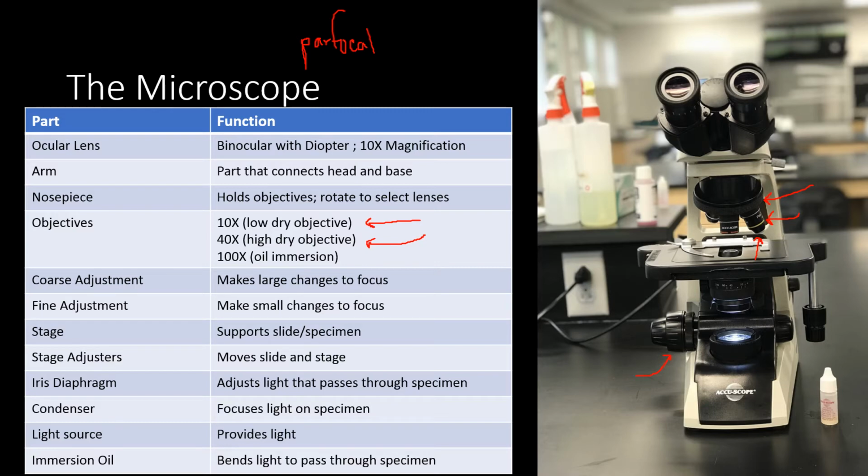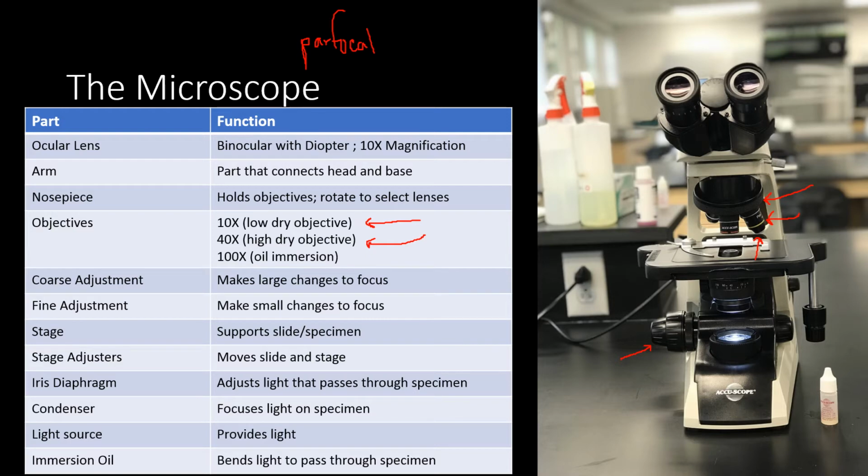It may be kind of blurry, but you should only have to use the fine adjustment knob to bring your specimen into complete focus. So this fine adjustment knob is this one that's on top, right here on top of the coarse adjustment knob. And the fine adjustment knob makes small changes in focus. You may not even see the stage moving up and down when you use this knob.